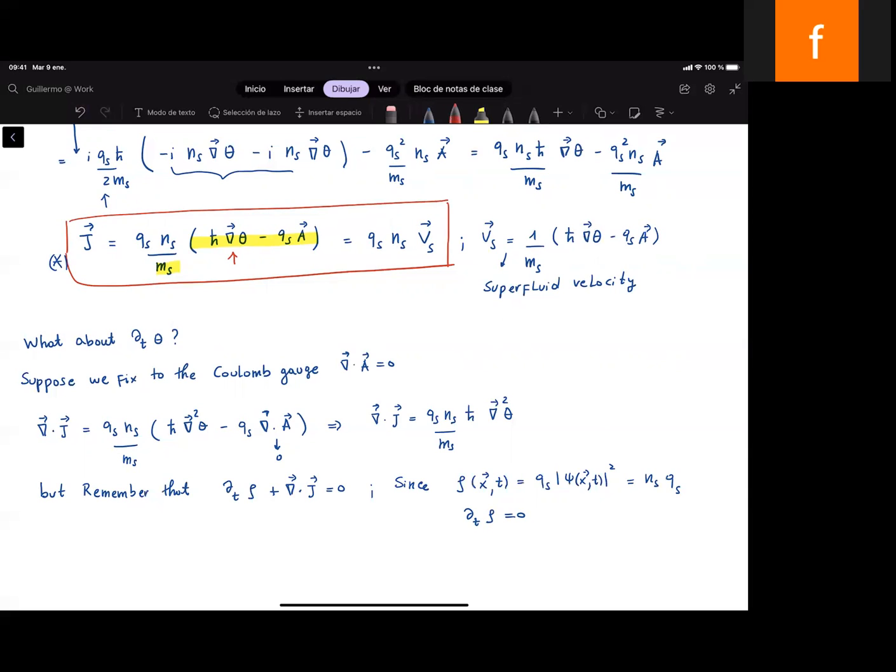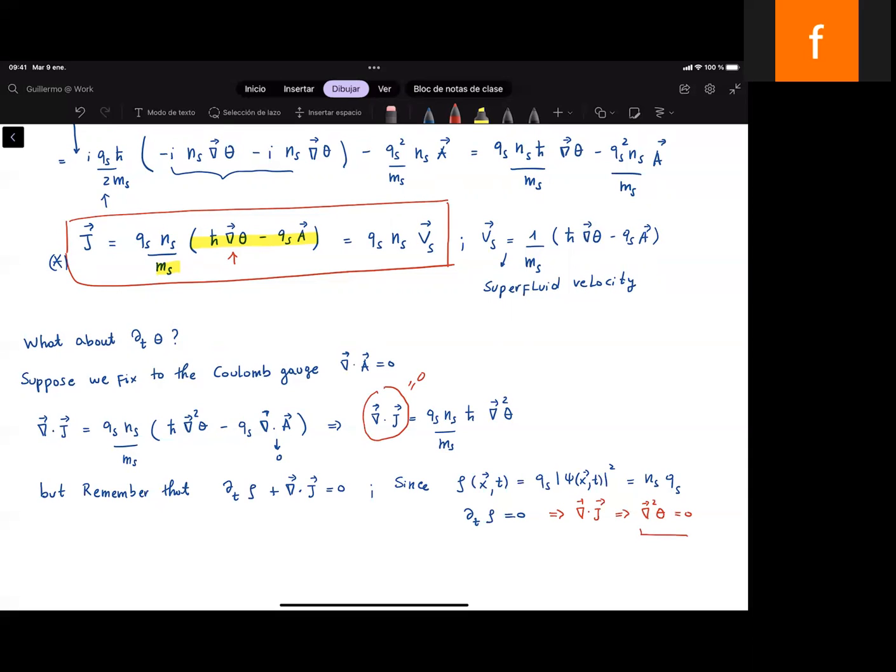And it means, because of the continuity equation, that the divergence of the density current is 0, which implies that under these conditions the phase satisfies the Laplace equation essentially, because you plug in, this is 0, here this is 0, and this implies this condition here.